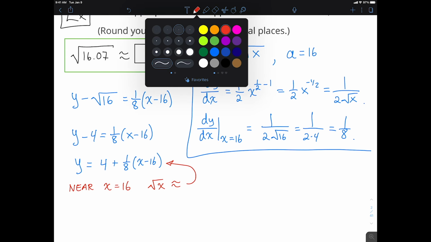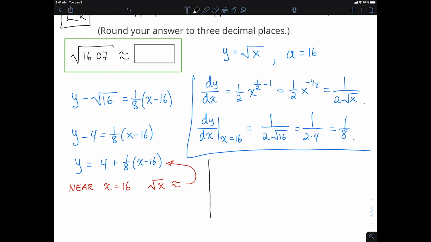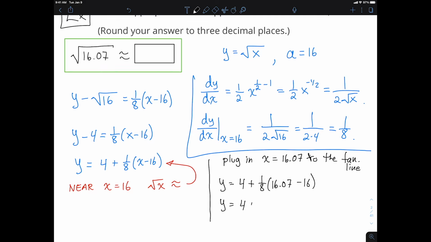To answer our question all the way to the end, we just need to plug x equals 16.07 into the tangent line. I'll abbreviate tan line, because it saves us some time. So we get y equals 4 plus 1/8 times 16.07 minus 16, which is y equals 4 plus 1/8 times 0.07.